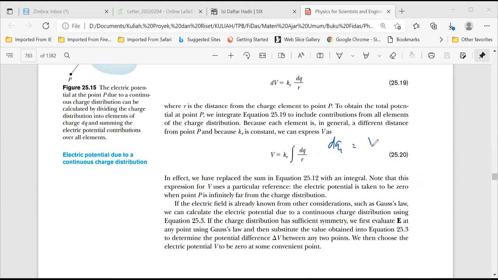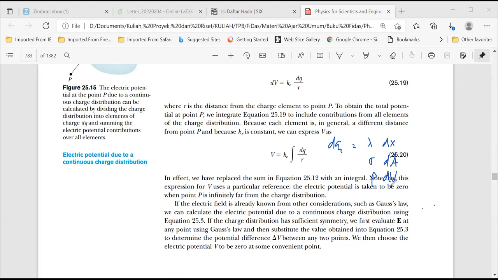We have lambda, charge density per unit length, times dx, for example. We have sigma, charge density per unit area, dA. And also rho, charge density per unit volume.